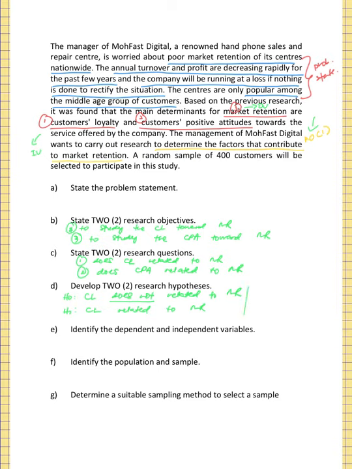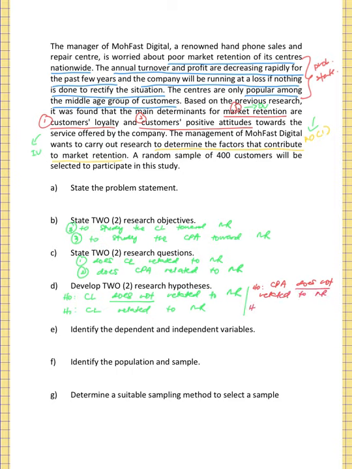Okay, another research hypothesis yang kita boleh develop based on second research question kat atas tu. H0 kita CPA, customer positive attitude does not related to market retention.